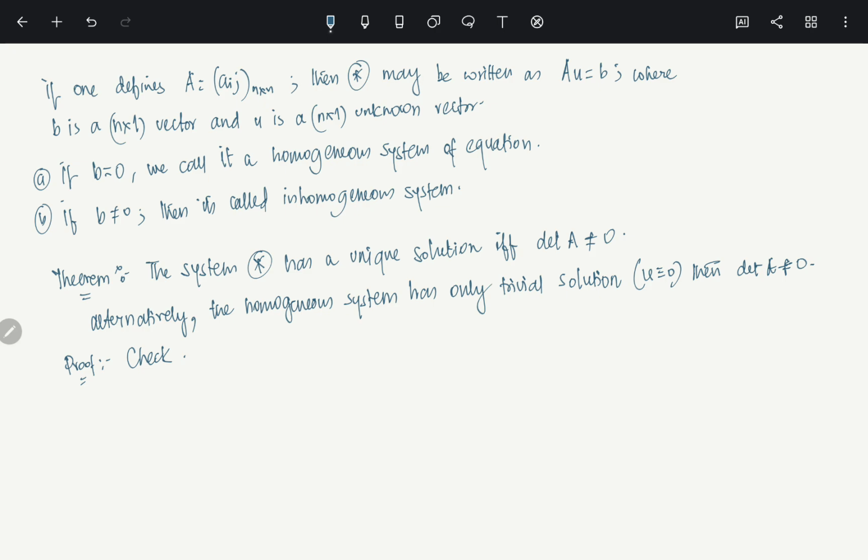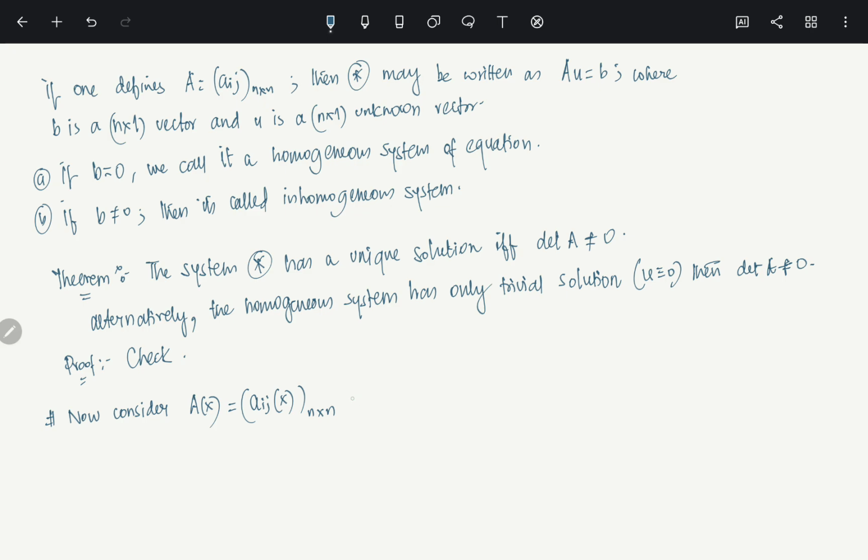Now let's look at a small property of determinants which you are going to need. Consider A of x. I am writing a matrix A which depends on a variable x, and this matrix is given by A_ij of x, an n cross n matrix. So every coefficient is a function of x.